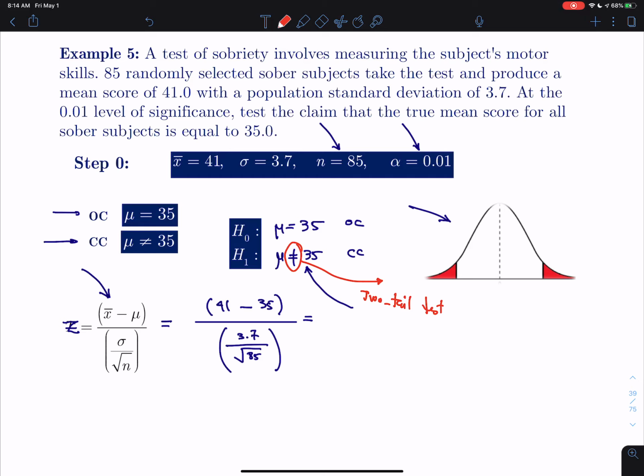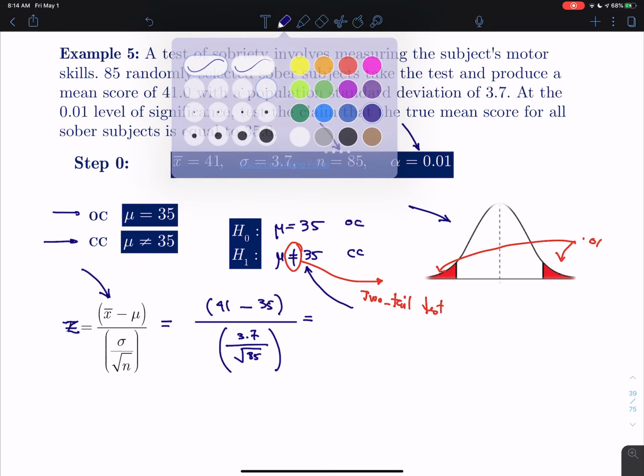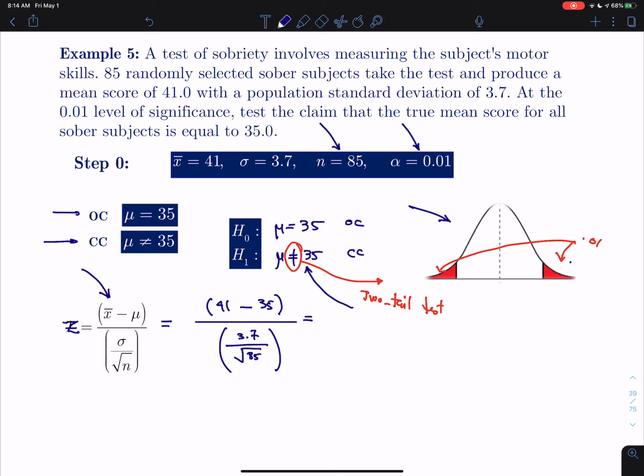Since I'm dealing with a two-tailed test and alpha is 0.01, the area in both of these tails is 0.01. And since it's symmetric, half of 0.01 goes in each tail, so 0.005 is in each tail.